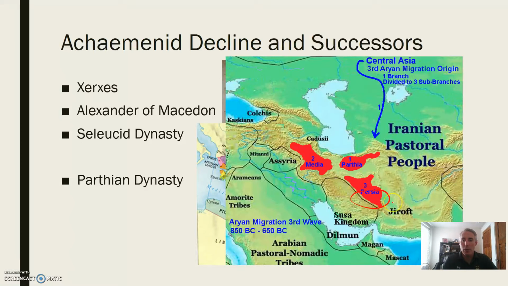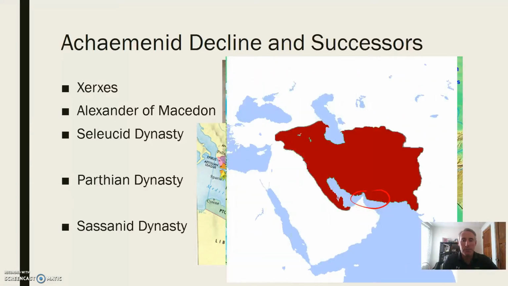You see the Medians and the Persians. And then after them, you have the Sassanid dynasty. The Sassanids considered themselves to be true Persians, the true inheritors of the Achaemenids. And they ruled for a couple hundred years after that, up until 661 CE, when they would eventually be overtaken by the Islamic Arab empires.